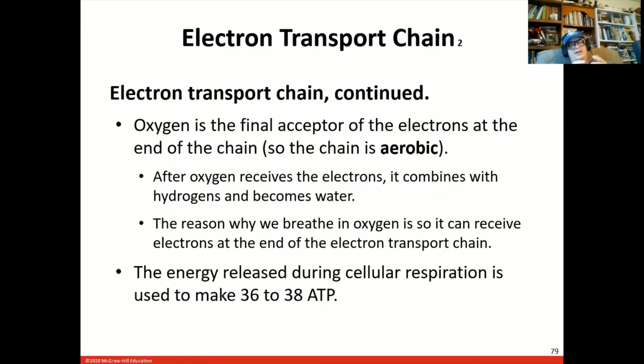And to do that, we take the O2 we breathe in, we break it apart, and they take an electron. But if you break those apart, then you have nasty, scary free radical oxygens around too. So we combine those with hydrogens to reduce the number of hydrogens on this side.